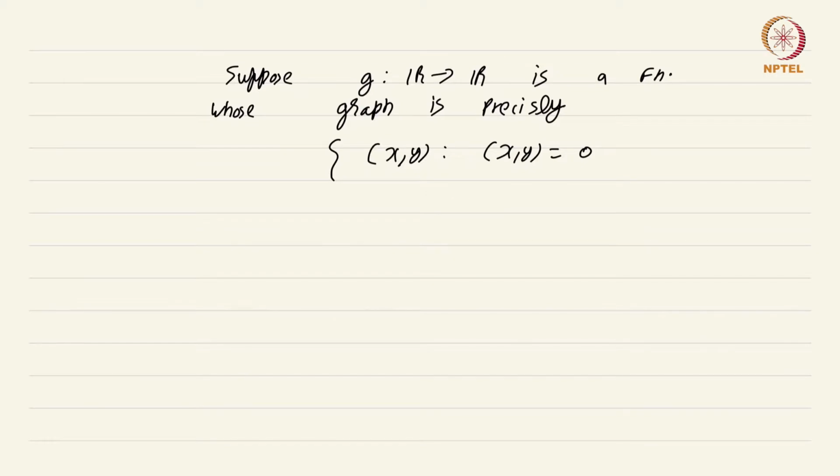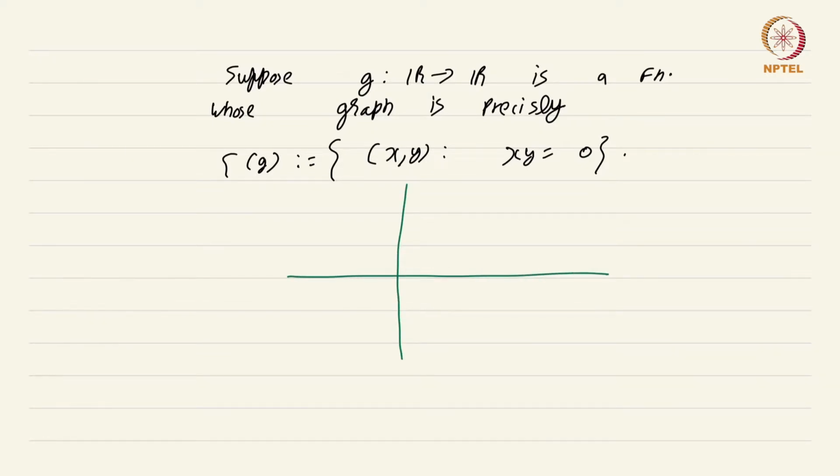Sorry, what I wrote down is nonsense. So suppose the collection of all points xy such that the product is 0 has a graph gamma of g. Then just think about what this graph is going to look like. It's just going to be the union of the x-axis and the y-axis.